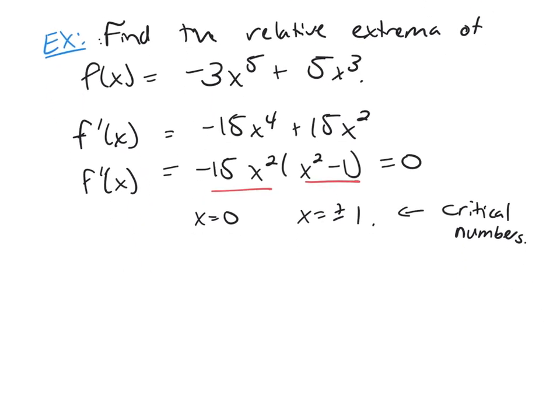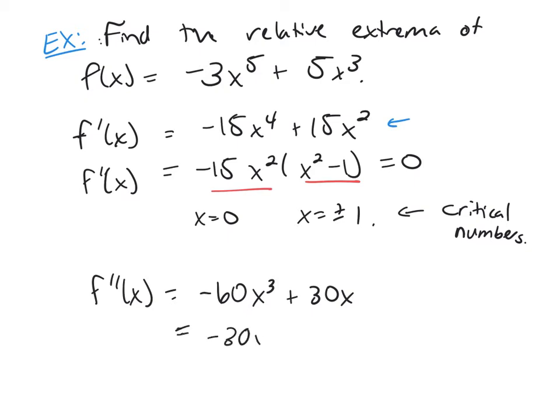So now f double prime, the second derivative, would be, go back up here, take the derivative again, you'll get negative 60x cubed plus 30x. I can factor out a negative 30x, so it'll become a 2x squared minus 1.